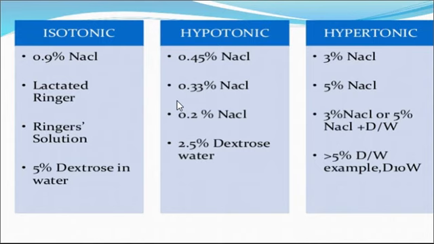Isotonic solutions used to correct or expand extracellular fluid, giving them extra volume. Hypotonic solutions cause the fluids to shift out of the vascular or extracellular fluid and into the cells, used to provide water and cellular hydration.